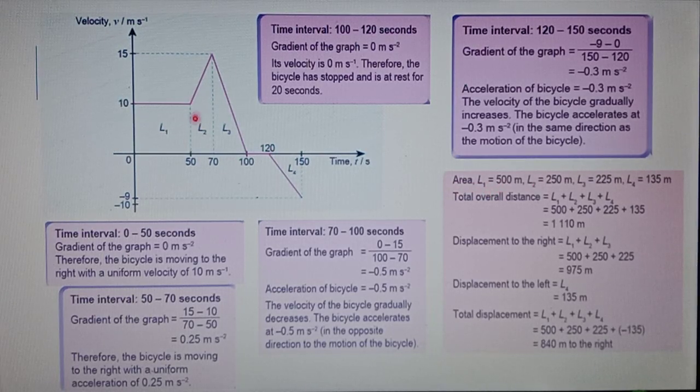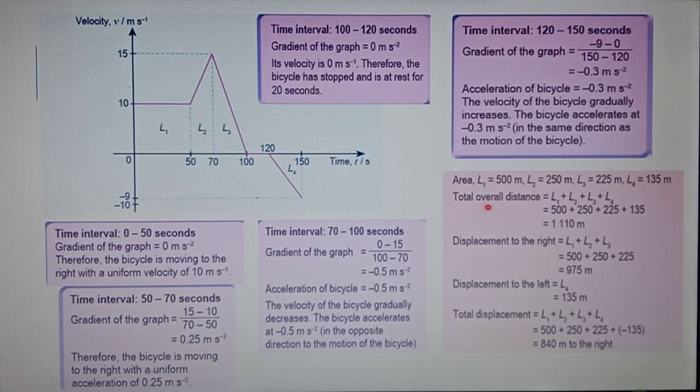For L2, use the trapezium formula, half times 10 plus 15 times 10. So we get 250 meter. L3 is this triangle, so half times 30 times 15, so we get 225 meter. L4, this triangle, half times 30 times 9, so we get 135 meter.